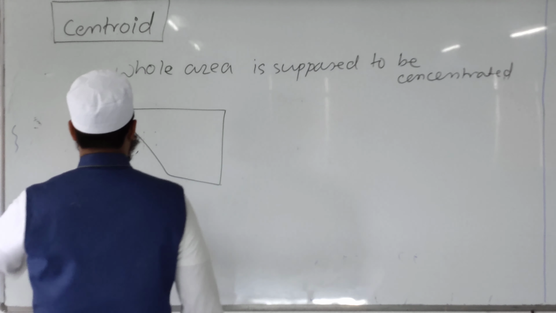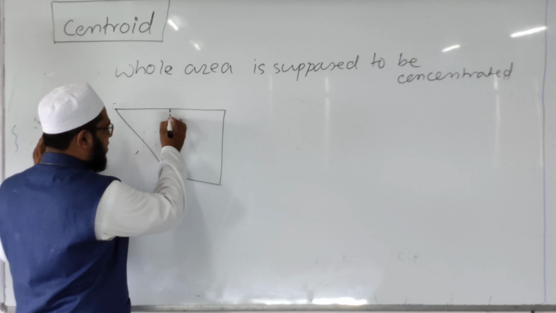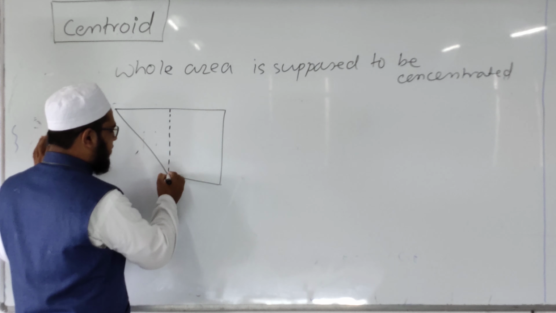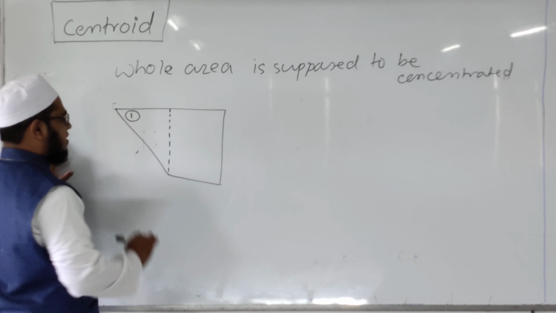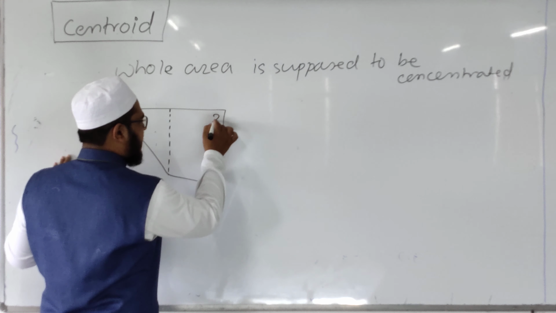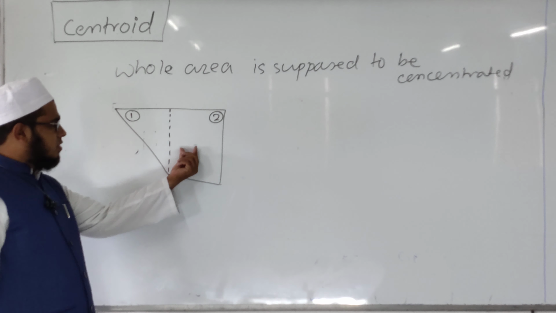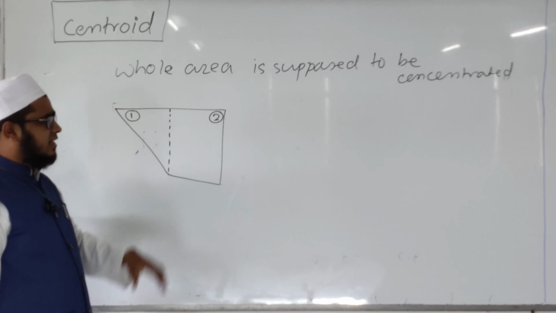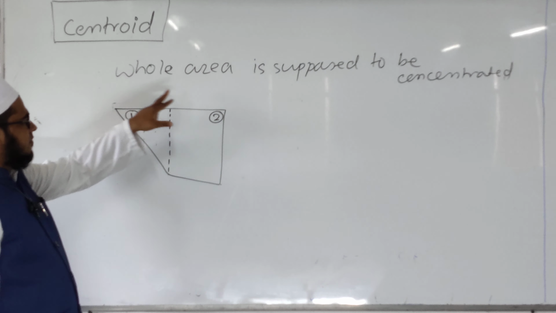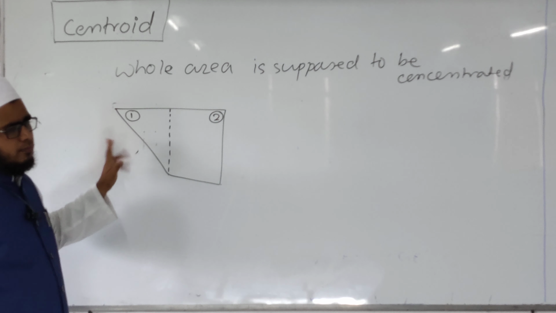So for determination of the centroid of an irregular shape, I will divide this given figure into standard figures. The first standard figure is a triangle and the second is a rectangle. I will use the values of the centroid of this triangle and rectangle to determine the centroid of this combined irregular figure.